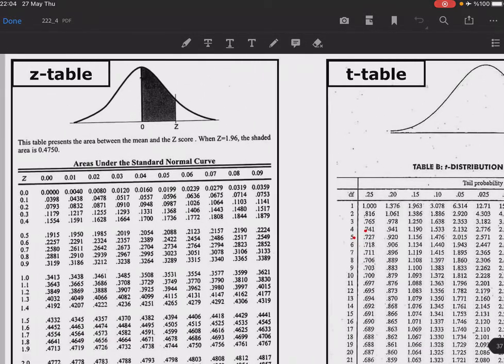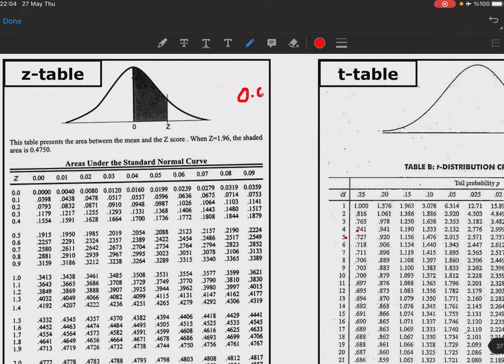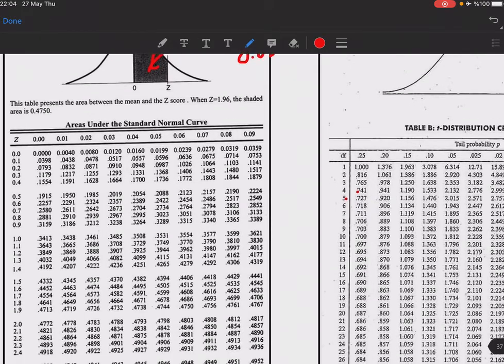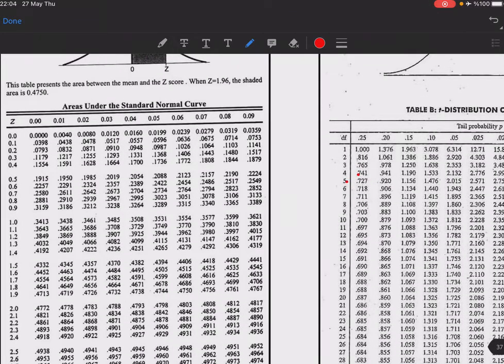If it is 0.5 right here, it means that the remaining part here will be 0.45, I guess, right? So 0.45 should be between this value and this value, between 1.64 and 1.65, and that value should be 1.645.